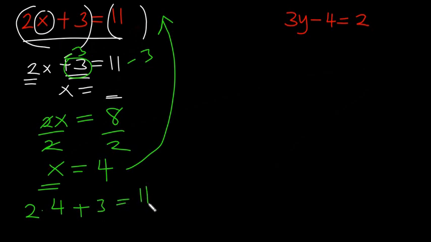We want to confirm whether the left hand side is equal to the right hand side. 2 times 4 is 8, and 8 plus 3 is 11. So the left hand side is equal to the right hand side, and that translates to the value of x actually being 4.